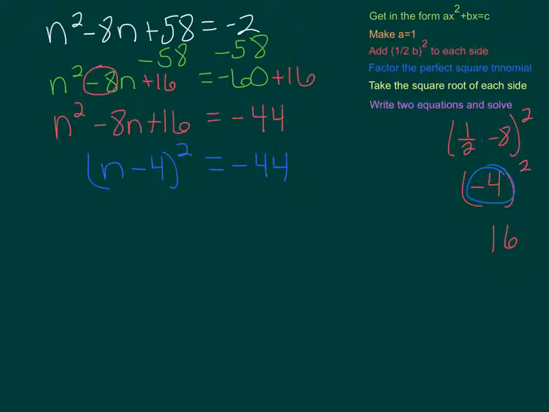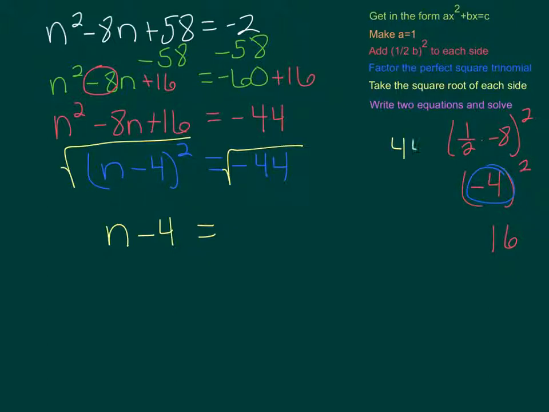Now we're going to take the square root of each side. Remember, a square and a square root cancel, leaving me with n minus 4. And then 44 we need to simplify.